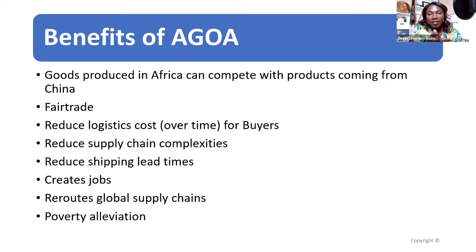And AGOA is a way of helping Africans be more competitive, to say, if it's coming from China, you can be rest assured they're paying tariff. It could be 15, whatever percent on those products. But if we waive the tariff for the African exporters, that helps them, right? To say, when you're bringing it in here, the US government is not going to tax you.